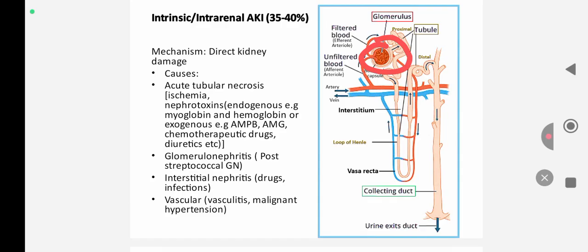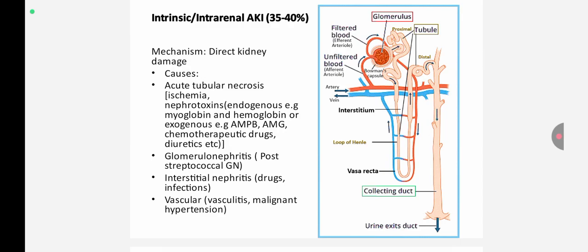Now, the most common form of glomerulonephritis is your post-streptococcal glomerulonephritis. This occurs after a streptococcal infection. So, in an infection, your body tries to fight the invading microorganism by creating antibodies that bind to the antigen presented by the organism. So this antigen-antibody complex can get deposited in the glomerulus.